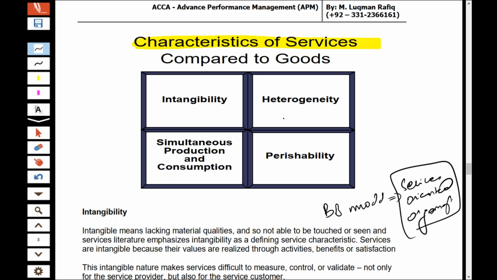The key features, I have mentioned 4 here, there could be 5. One is intangibility. The second is heterogeneity. The third is simultaneity. Fourth is perishability. And the fifth, which is not mentioned here, but some past examination questions do mention, is ownership.